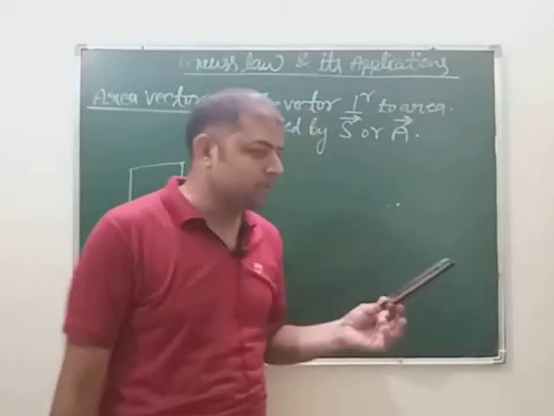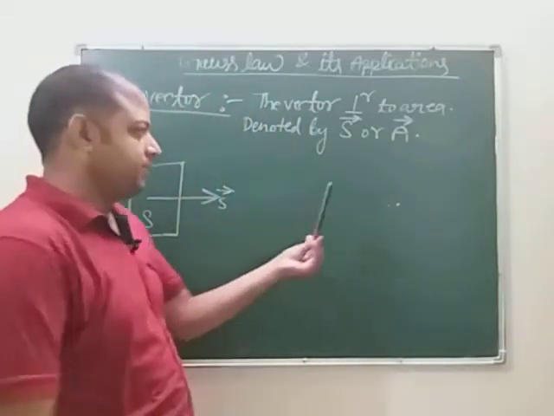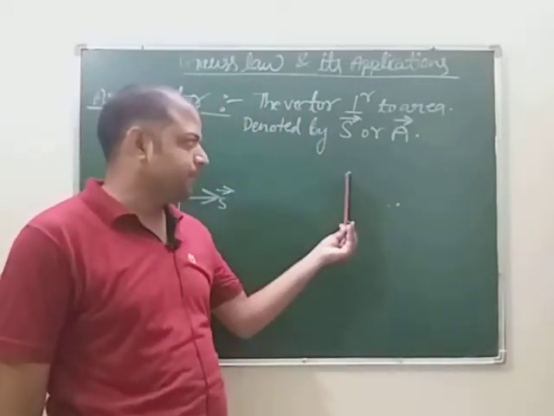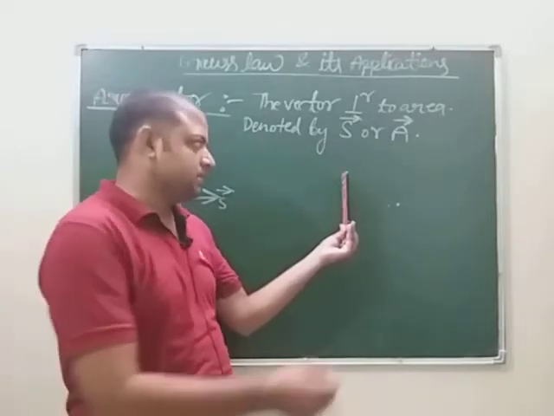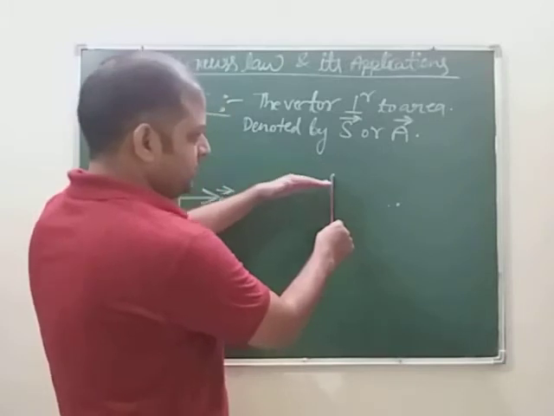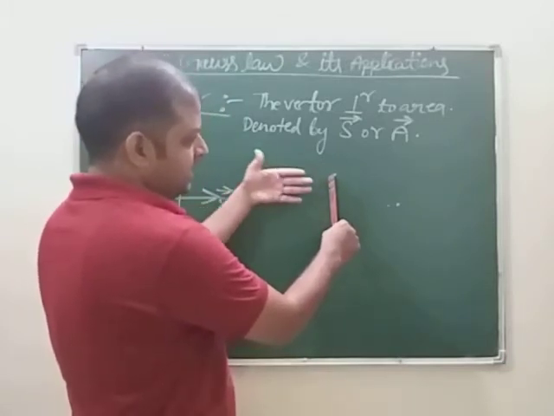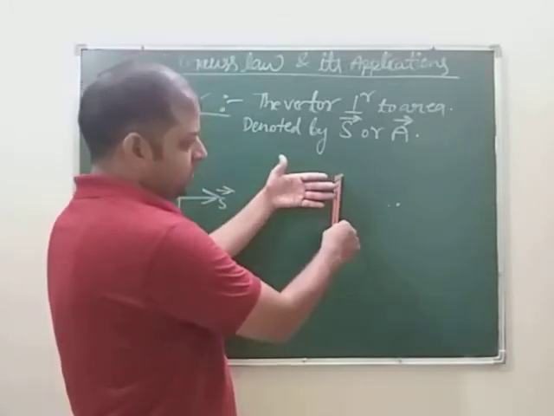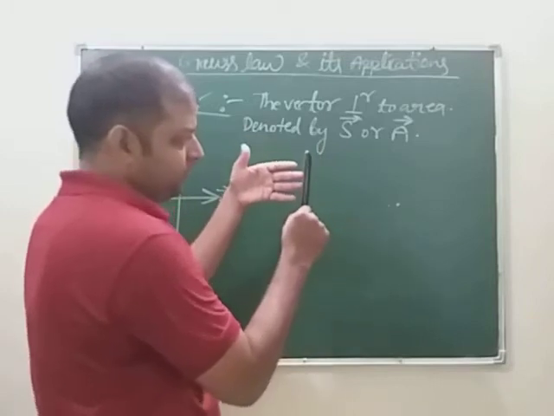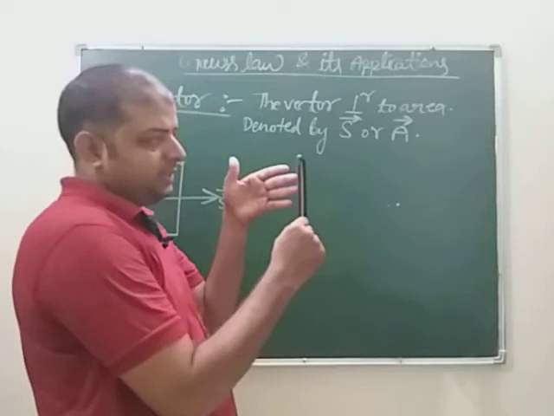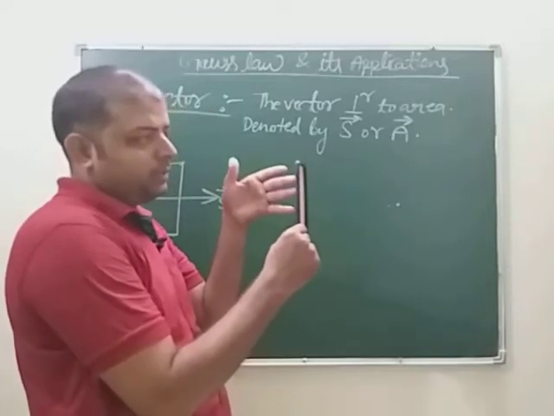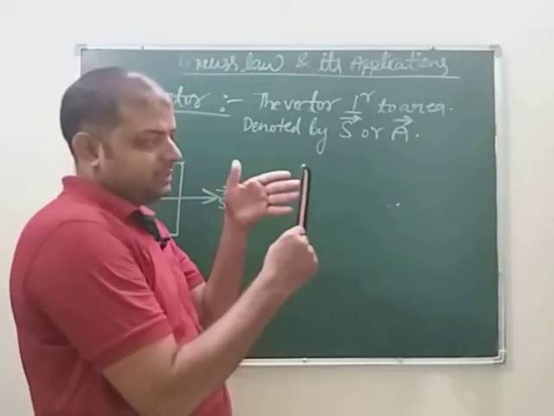Suppose I have this surface, and electric field lines are passing through it. In this condition, all the electric field lines will pass through this surface, which is normal or perpendicular to the electric field lines.